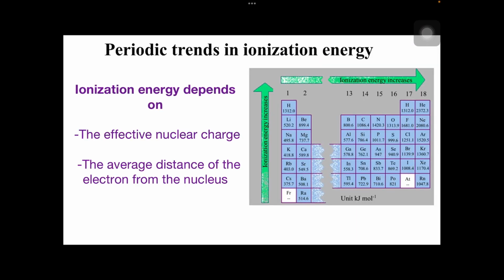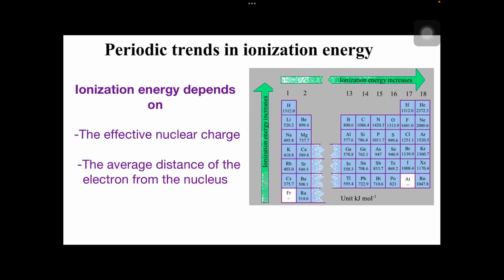Now let's move on to the next part, the periodic trends in ionization energy. As we discussed with the atomic radius, even ionization energy is dependent on the effective nuclear charge and the average distance of the outer electron from the nucleus. So here also the ionization energy increases across a period.